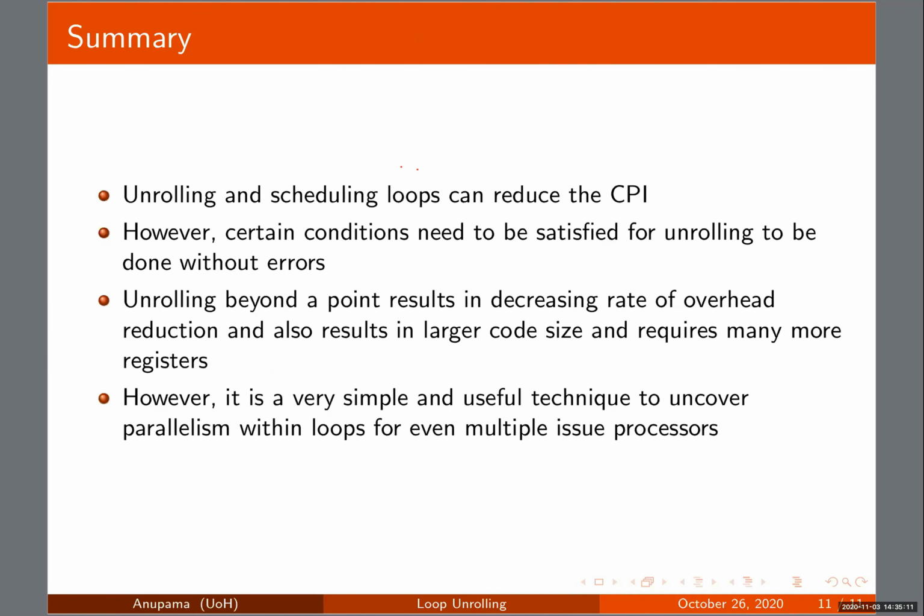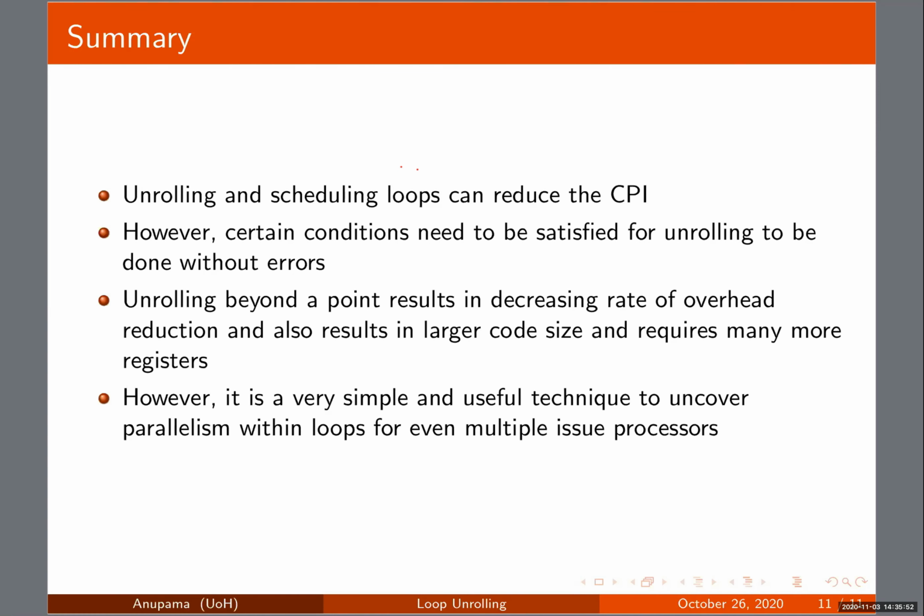So what are the lessons we can derive from this? We can unroll and schedule loops to reduce the CPI. However, to do that, we have to satisfy certain conditions. Unrolling beyond a point really creates problems in terms of code size and register pressure. However, it's a simple technique to uncover parallelism between instructions within loops, especially with superscalar processors, where more than one instruction is fetched and issued in every clock cycle, right?